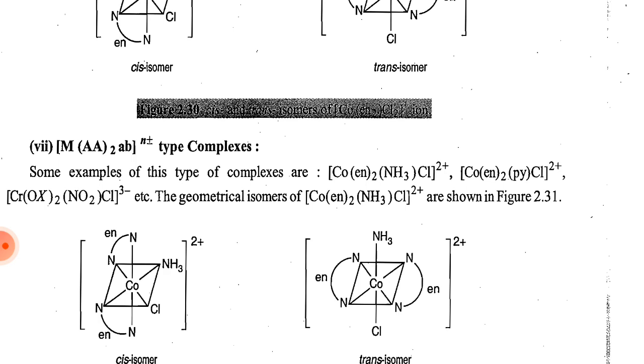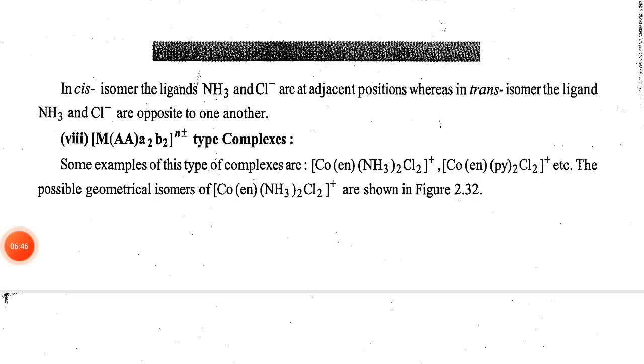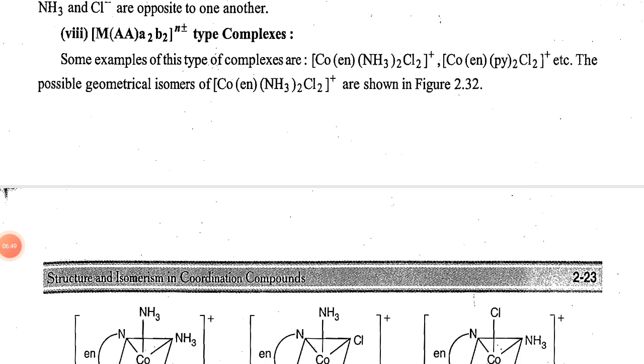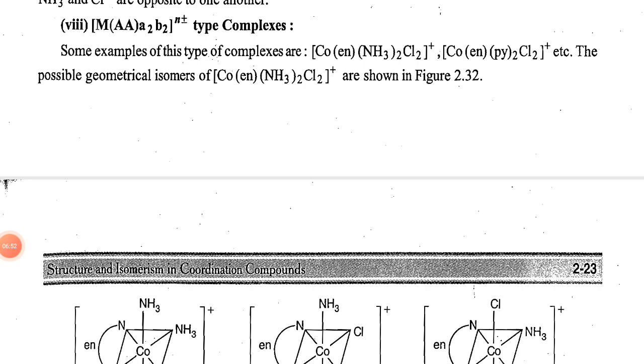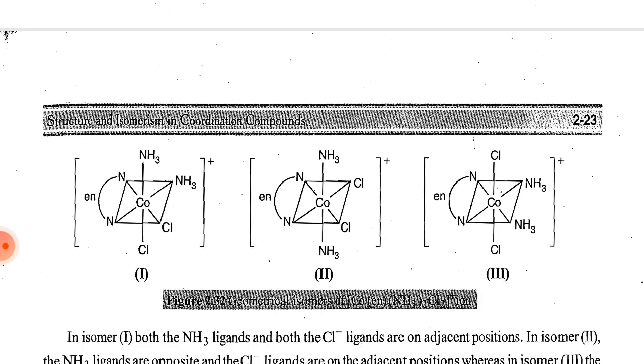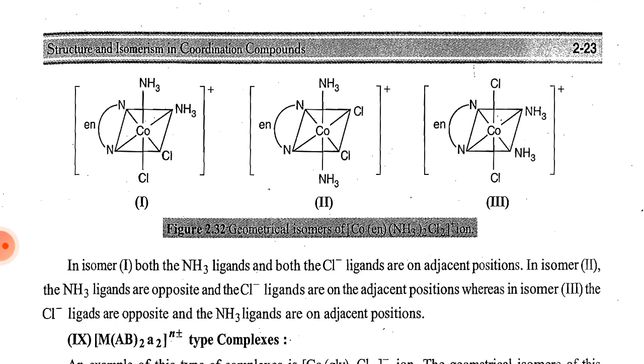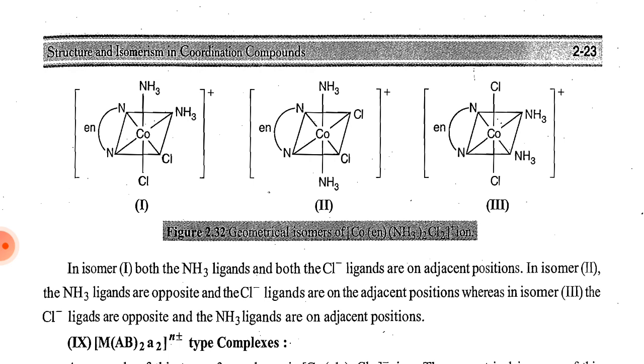Then M(AA)2ab, n plus minus type complex, and M(AA)a2b2 type complex. Some examples of this type of complex are [Co(en)(NH3)2Cl2] plus and [Co(en)(py)2Cl2] plus, etc. The possible geometric isomers of [Co(en)(NH3)2Cl2] plus are shown. So here 3 isomers are there: ammonias 1 and 2 cis, ammonia 1 and 6 trans, and ammonias 2 and 3 cis.